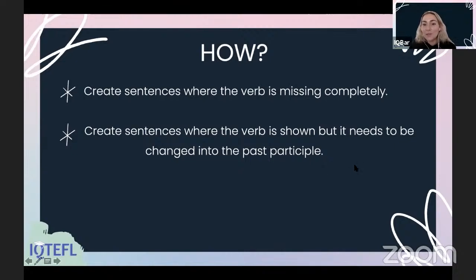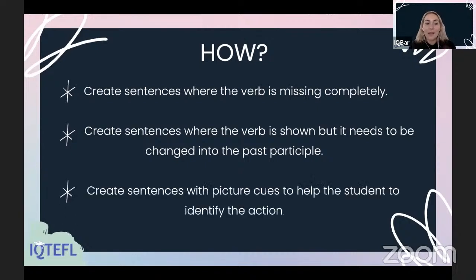It also creates sentences where the verb is shown, but it needs to be changed into the past participle. So this is a great gapful activity to use, especially for, like we've mentioned, that tricky past participle and the 2 verbs being in the sentence. And then lastly, create sentences with picture cues to help students identify the action.